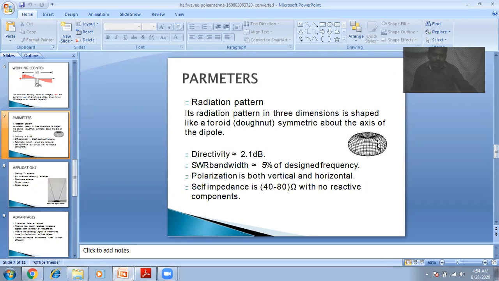Since the monopole antenna is only half that of the dipole antenna, the lower portion is assumed to be kept inside the ground. Only the top portion is present, so the radiation pattern is seen as half that of this pattern.